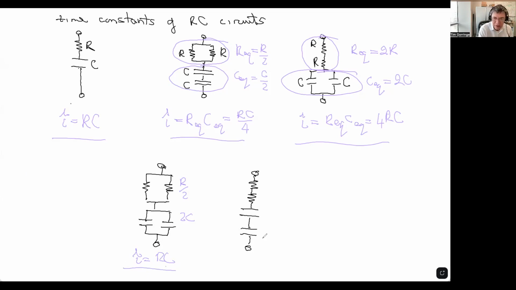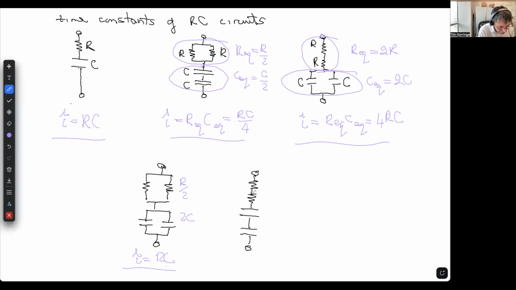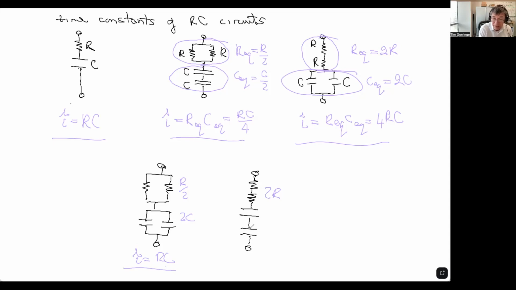Walking over here to the series circuit, we've got a pair of series resistors and a pair of series capacitors. Two series resistors make a larger resistance. Because they're identical, this will just be 2R. Two series capacitors make a smaller capacitance, less capable of storing charge. This one is determined by adding the inverses of the capacitances to get the inverse of the equivalent capacitance.